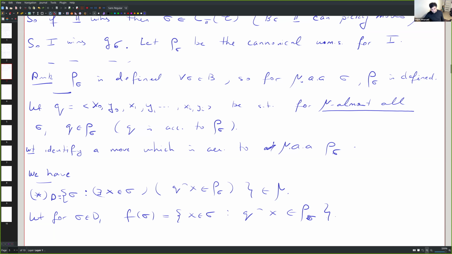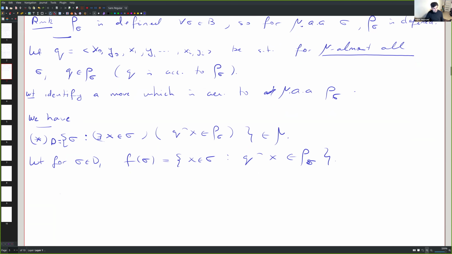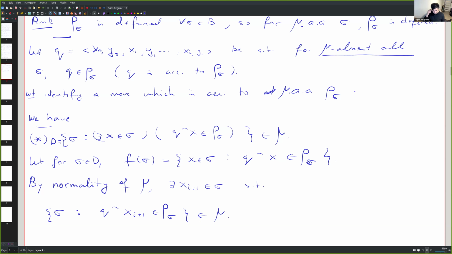And by normality, for mu, we have some particular xi plus 1 in sigma such that the set of sigma with the property that Q followed by xi plus 1 is in rho sigma belongs to the measure one set. Normality gives me one point that belongs to all of them.